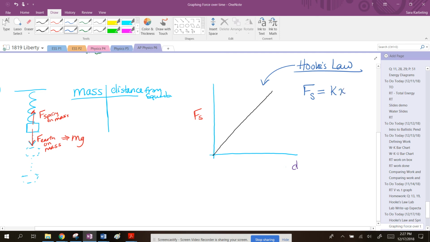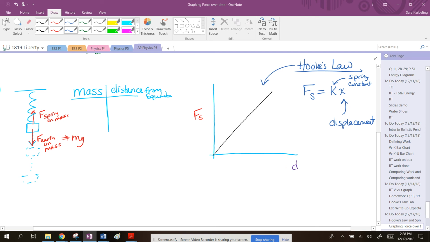Times the distance, and instead of D, we often write X. So X is the displacement. K is known as the spring constant. And F sub S is the force of the spring, like we just said.